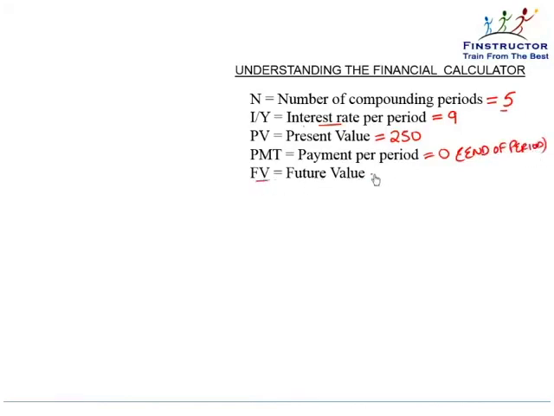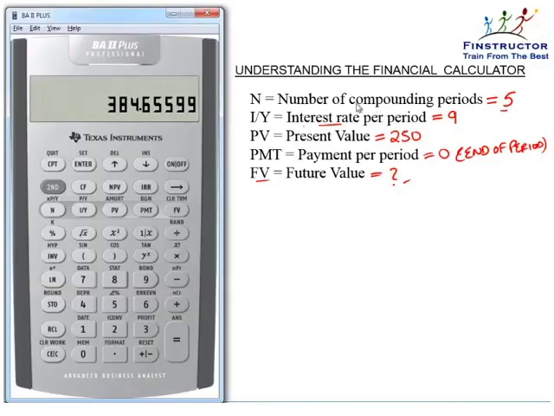FV stands for future value. That is what we need to calculate. So let's input the values in the TVM sheet and let's calculate the answer. The number of compounding periods is 5. So press the button 5 and press N. So remember, to assign any value to the variable, first press the value and then press the variable.